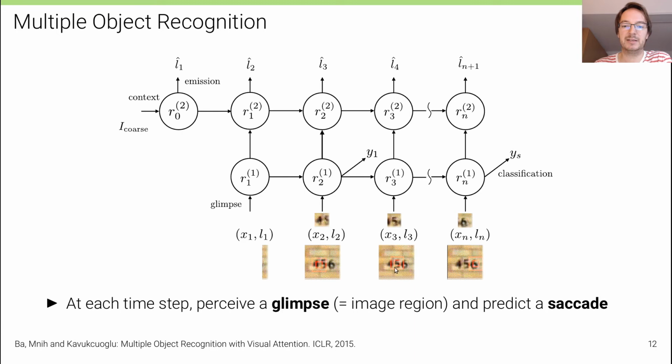And then at that location, L3, it extracts that local region around L3 and makes the next prediction for both the class label as well as the next location where to look at. This is an example of an RNN operating on an image sequentially.